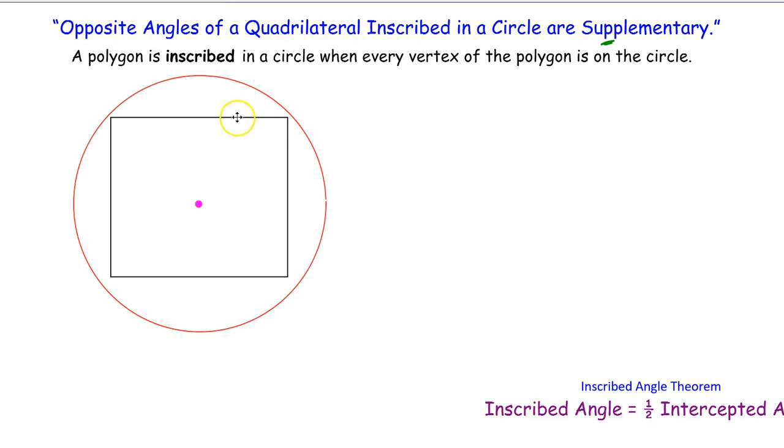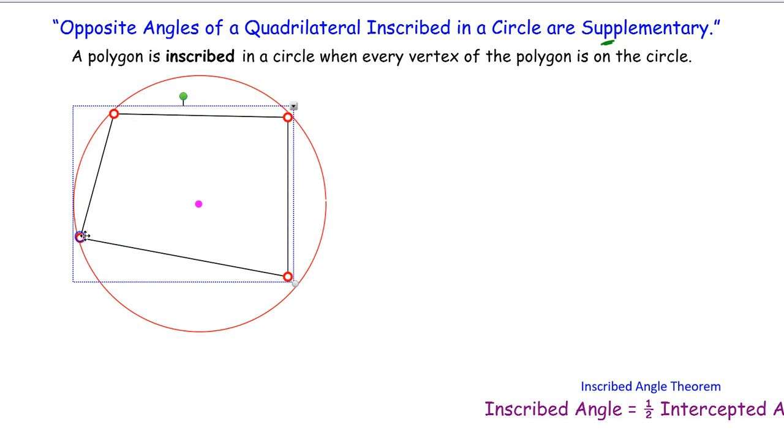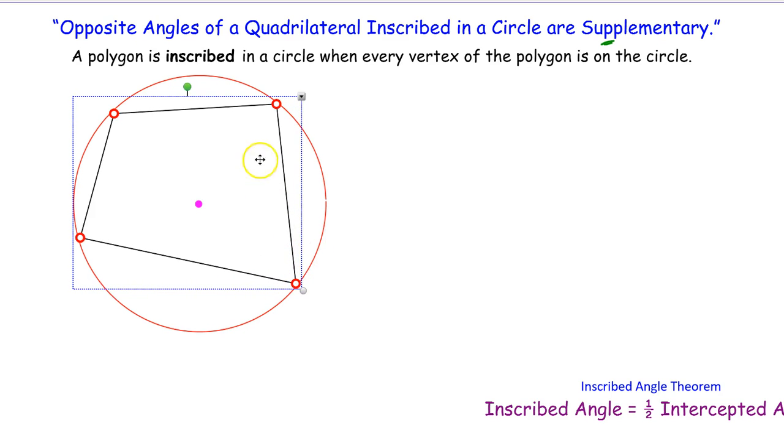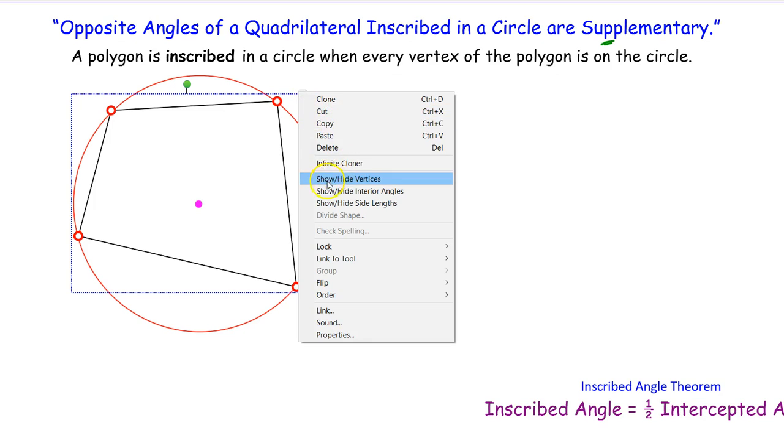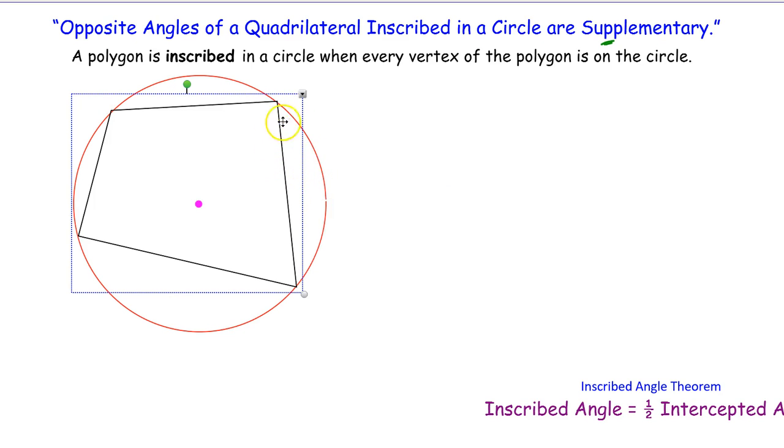Let me fix it up. This vertex is touching, move it. All right. So all four vertices are on the circle. Let me see. Yes, it's almost.